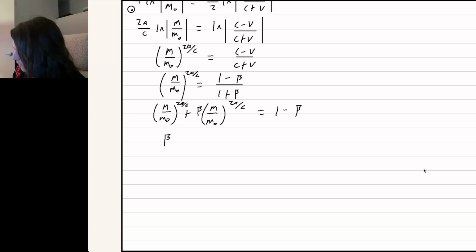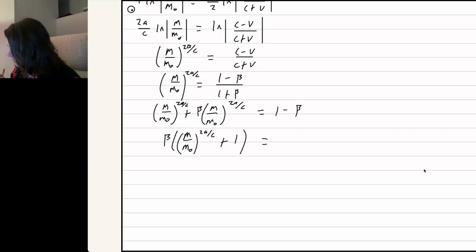We'll look at just what's in terms of beta: m over m naught to the 2a over c plus 1 on this side is equal to 1 minus m over m naught to the 2a over c on the other side.